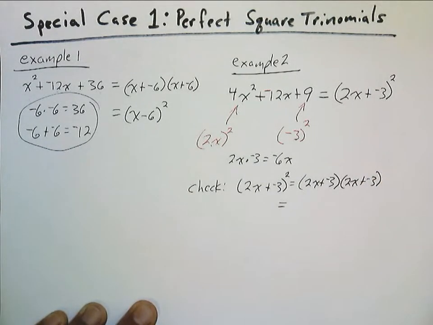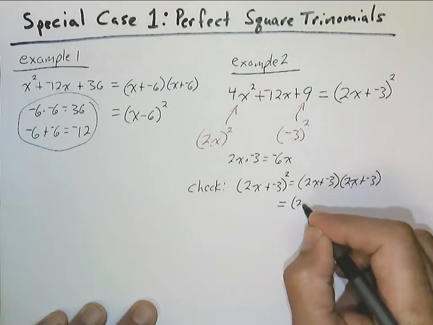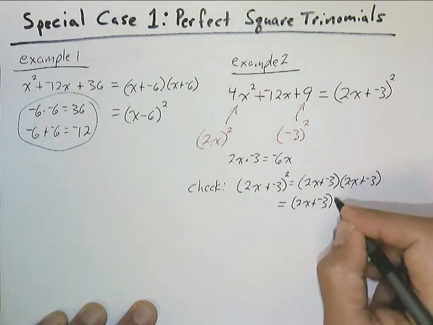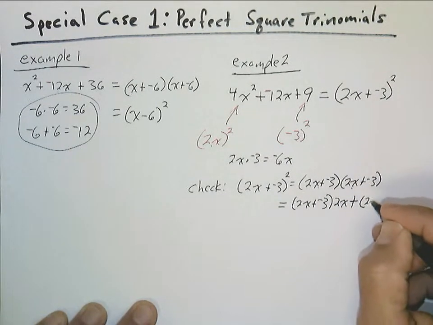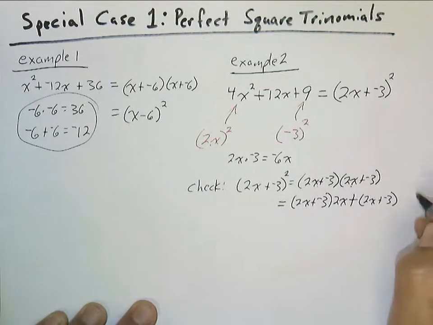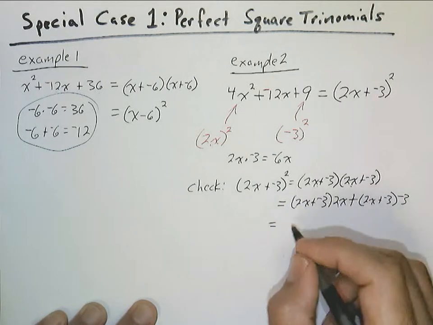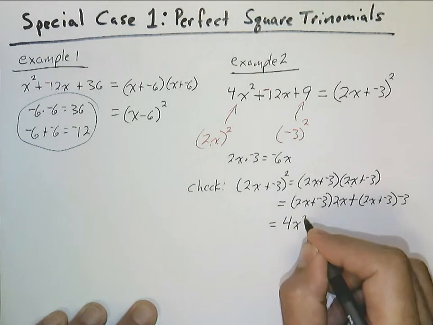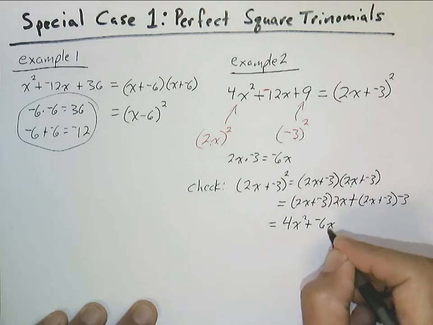Now we just distribute this out and multiply it. So this whole factor times 2x plus this factor times the negative 3. Distribute this back in. 2x times 2x is our 4x squared. 2x times negative 3 would be a negative 6x.